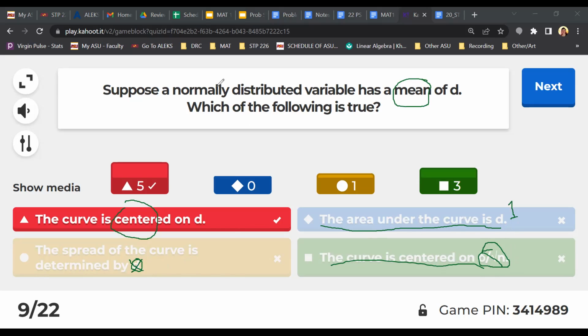Who knows what the spread of the curve is determined by? What's that? Standard deviation? Correct, the standard deviation. Good, so the mean chooses the center and the standard deviation chooses the spread. The area under the curve is always 1, and that green one actually just doesn't make any sense. Okay. Just meant to look complicated. All right. Is there anyone who would like me to repeat those statements?